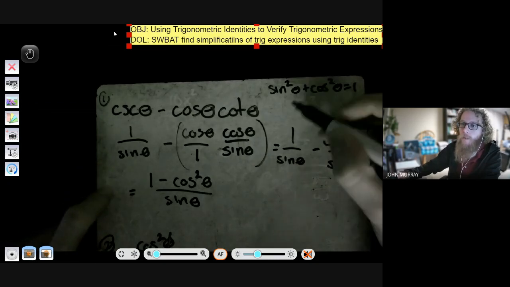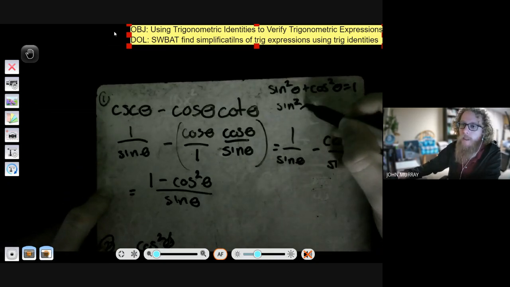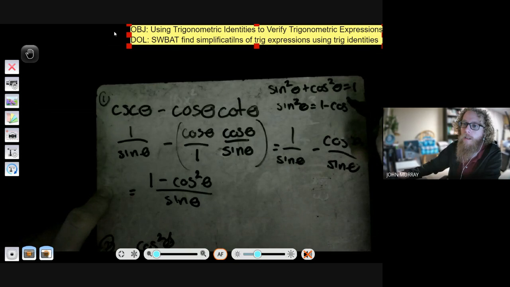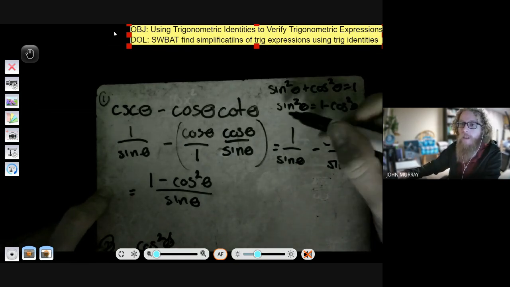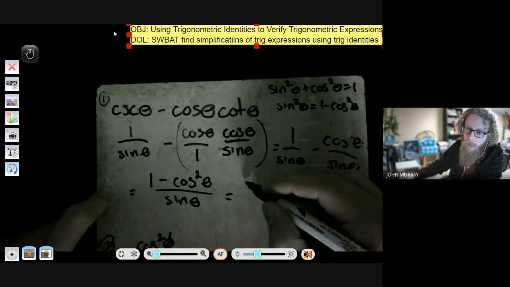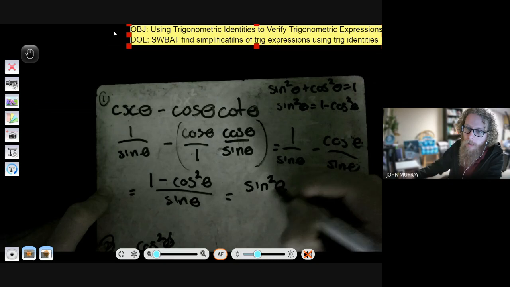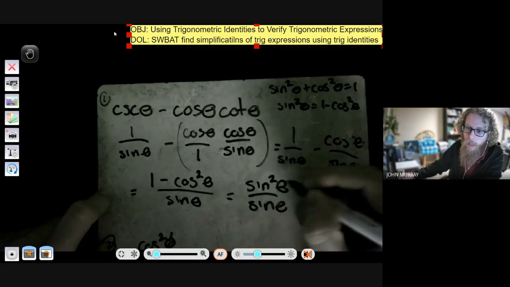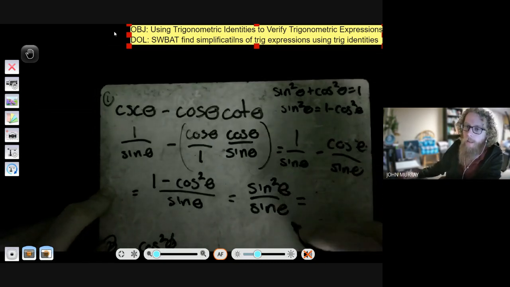But if I subtract cosine squared from both sides, 1 minus cosine squared is sine squared. So this I can replace with sine squared over sine, right?